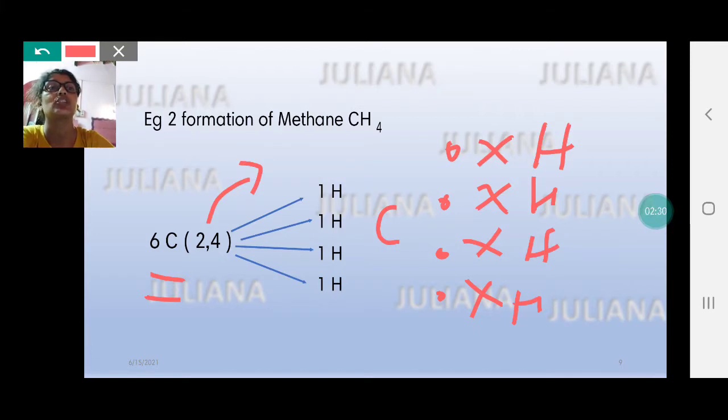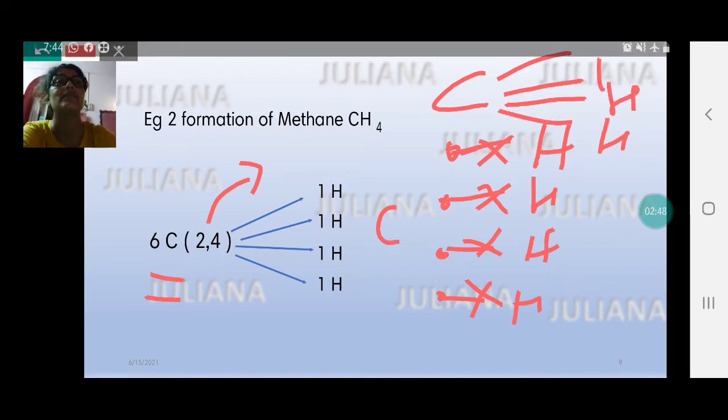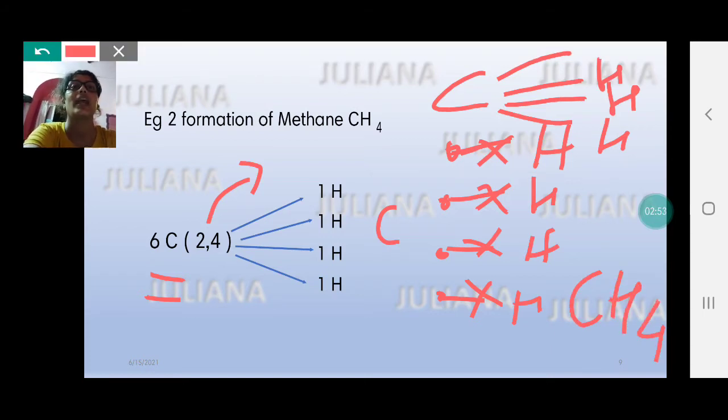So here there is sharing of electrons, and therefore carbon forms 4 bonds with 4 hydrogen atoms, and each hydrogen forms a single bond with carbon. That's how we get the formula CH4. In this case, there is sharing of electrons, and therefore we have a covalent compound formed. So methane is a covalent compound.